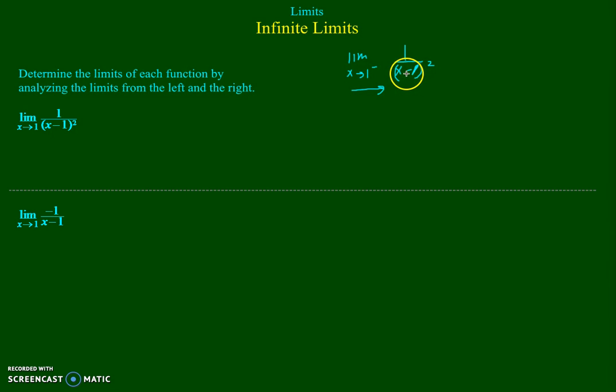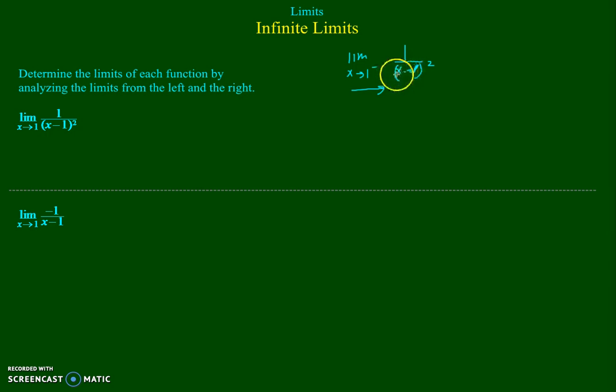If that's the case, as x gets closer and closer to 1, this denominator is going to become closer and closer to 0, which means it's going to go into 1 more and more times. So this value is going to be positive, and that positive number is going to be increasingly great.